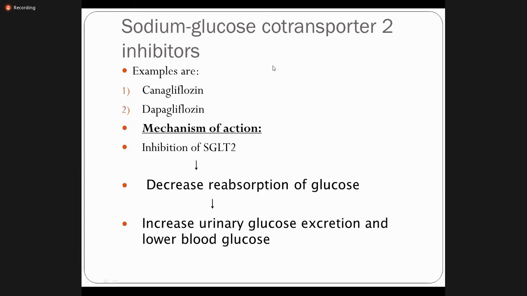So if we inhibit it, what will happen? Decreased reabsorption of glucose, and it will increase urinary glucose excretion. So this is one of the ways we can decrease the blood glucose level, by enhancing release of glucose in urine. So it will cause glycosuria, that means excessive glucose in urine.